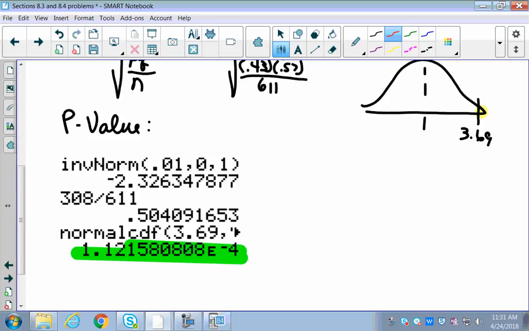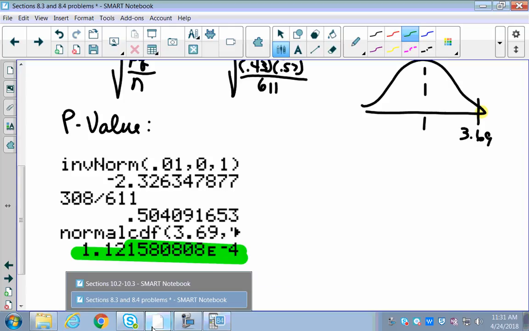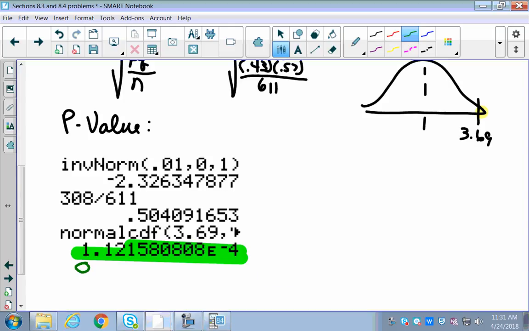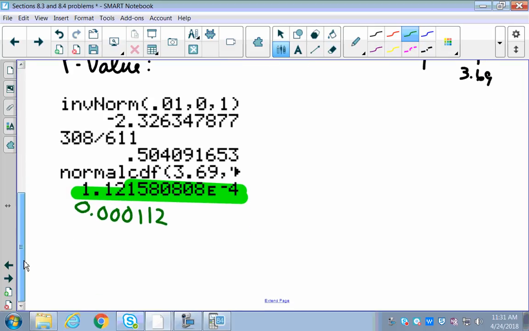So that translates then to be 0.000112. That's my p-value. Scientific notation. Okay.